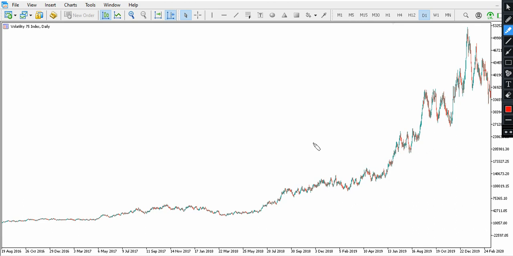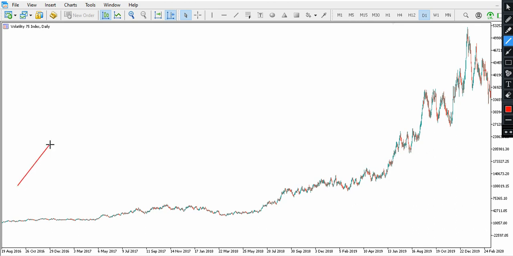Let's start here. I usually start my setups on a higher time frame. Those who I trade with know that most of the time I recommend the daily time frame. But if there's nothing clear, I can go to a weekly or even monthly, so that I get the bias of the trend. Let's say we have this move.